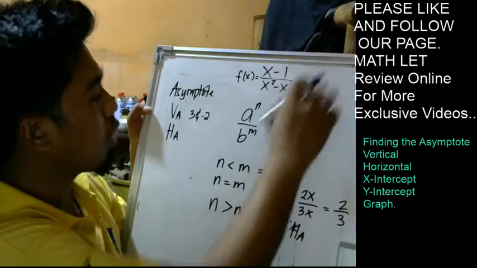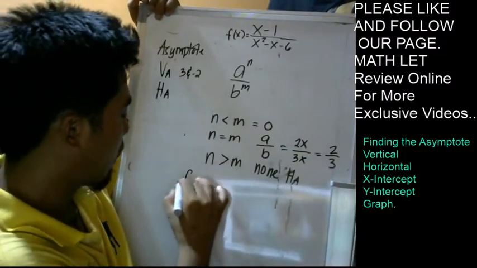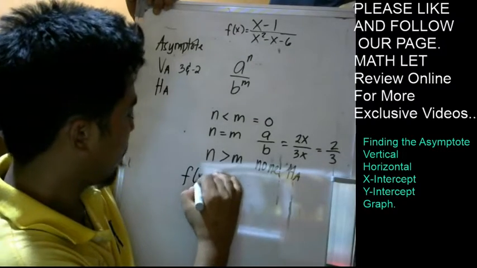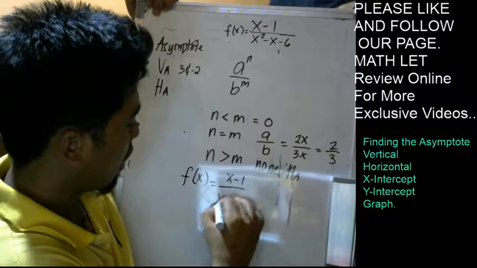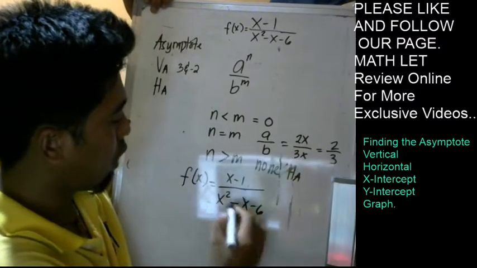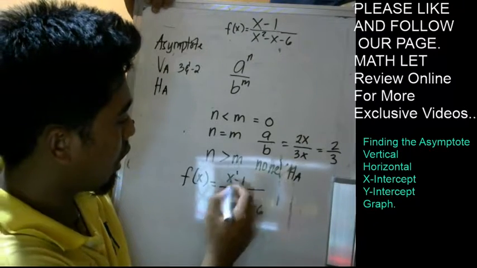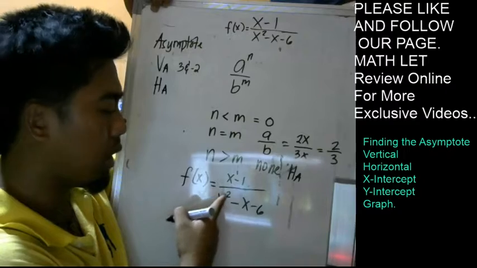So in this particular problem, f of x equals x minus 1 all over x squared minus x minus 6. We can notice that the numerator has power 1 and the denominator, the first term, has power 2.